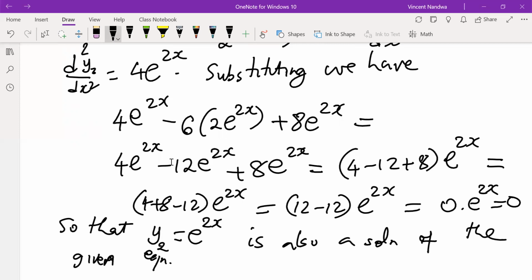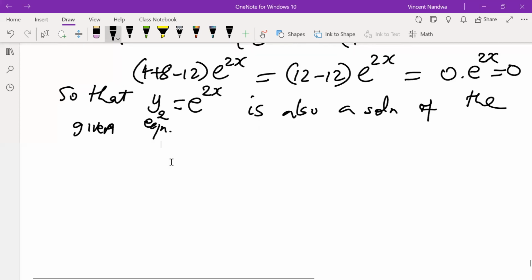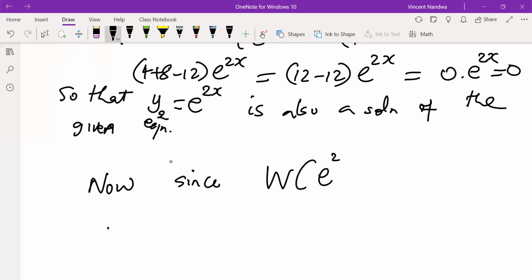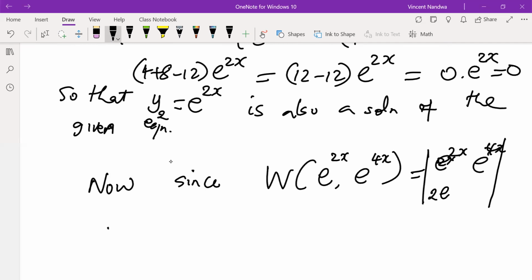Now, the final solution. Since the Wronskian of e raised power 2x, e raised power 4x is given by the determinant with first row e raised power 2x, e raised power 4x, and second row the derivatives, 2 e raised power 2x and 4 e raised power 4x.